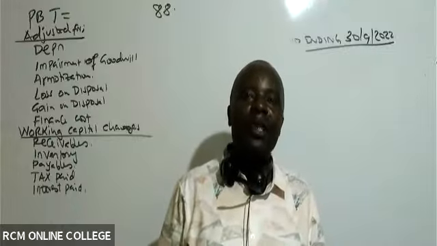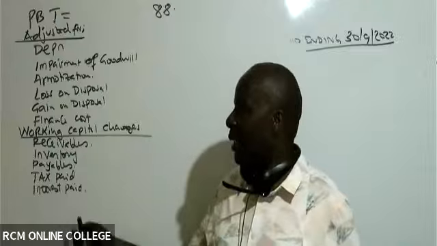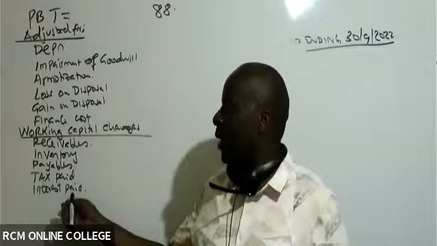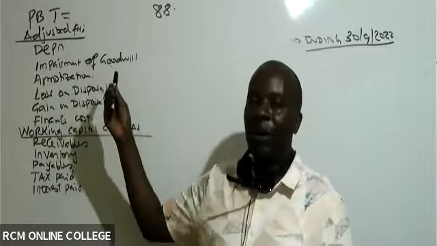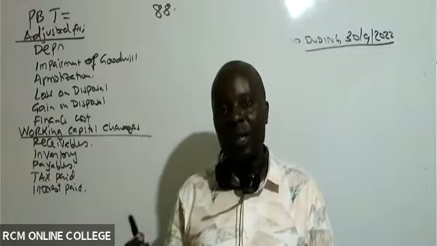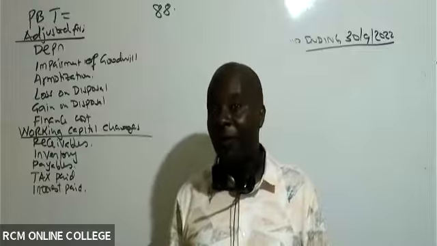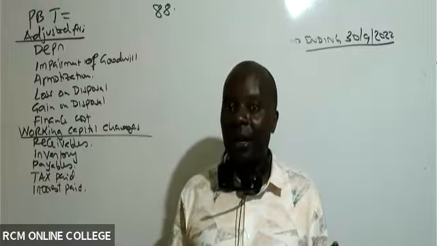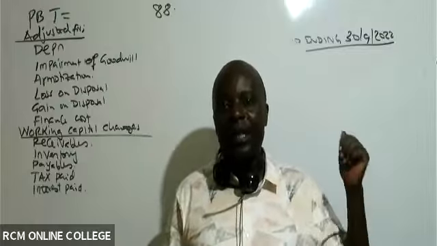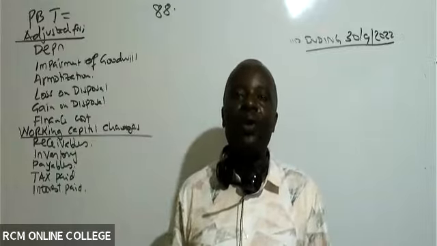Why do we have some scholars saying we put it under operating activities? It's simply because, ladies and gentlemen, you can't operate without loans, really. If you're running a very, very big company, like, for example, RCM, which is thinking about having a primary school somewhere, you can't operate without loans.